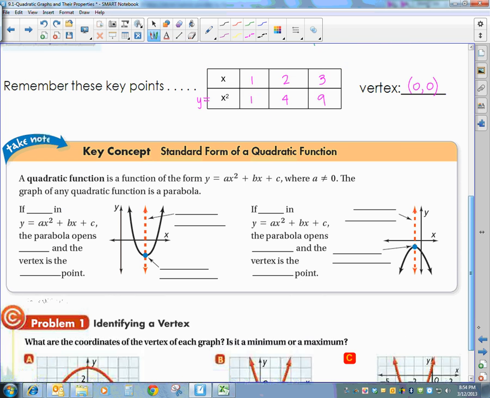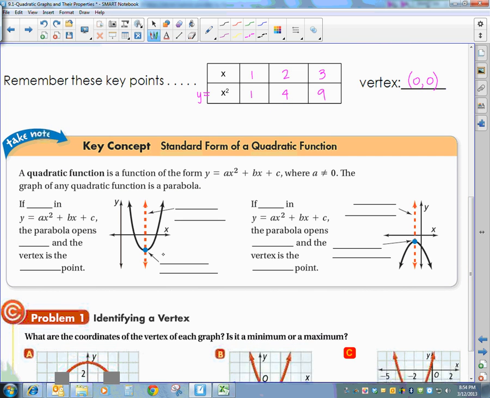So here are two different parabolas, one going up and one going down. Both of them are coming from a more general, or what we call the standard form of a quadratic function, y equals ax squared plus bx plus c, where a cannot be 0. Now, first off, let's talk about this graph.